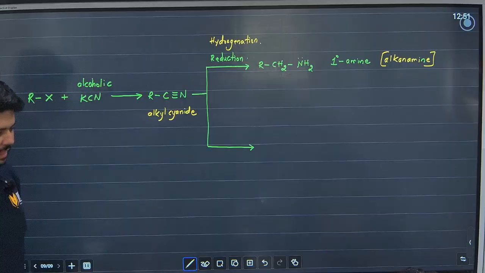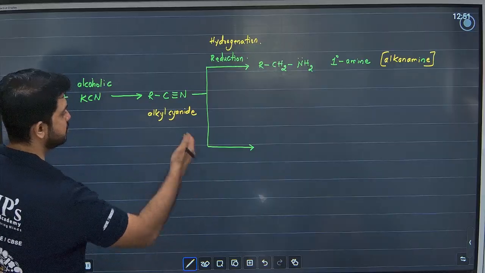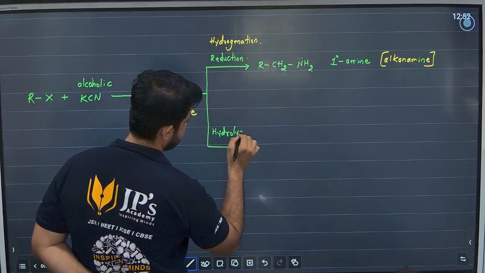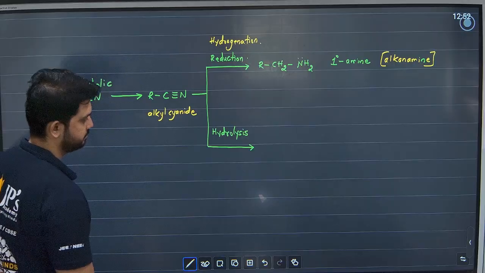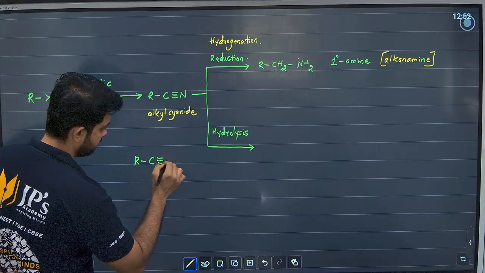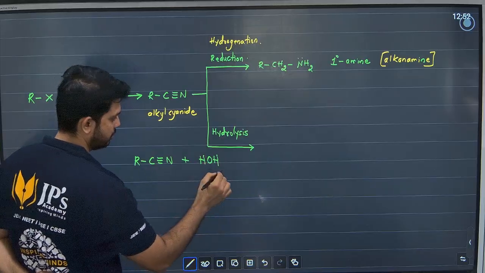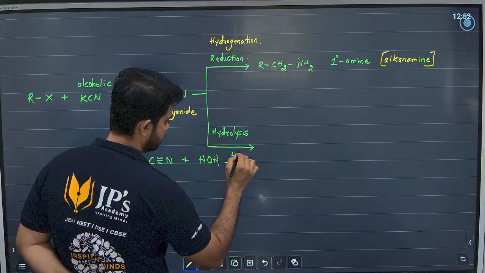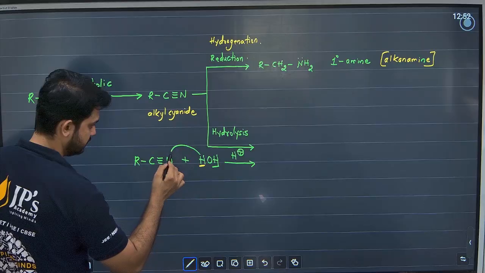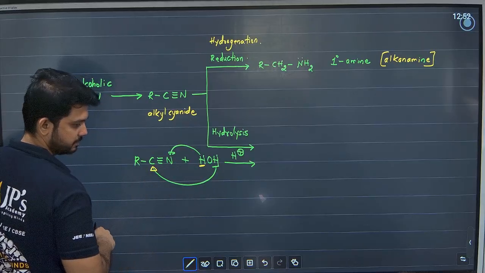Okay? Now, if you perform hydrolysis of cyanide, this is our RCN. Let's say I'm adding water, H over here, OH over here. Correct?